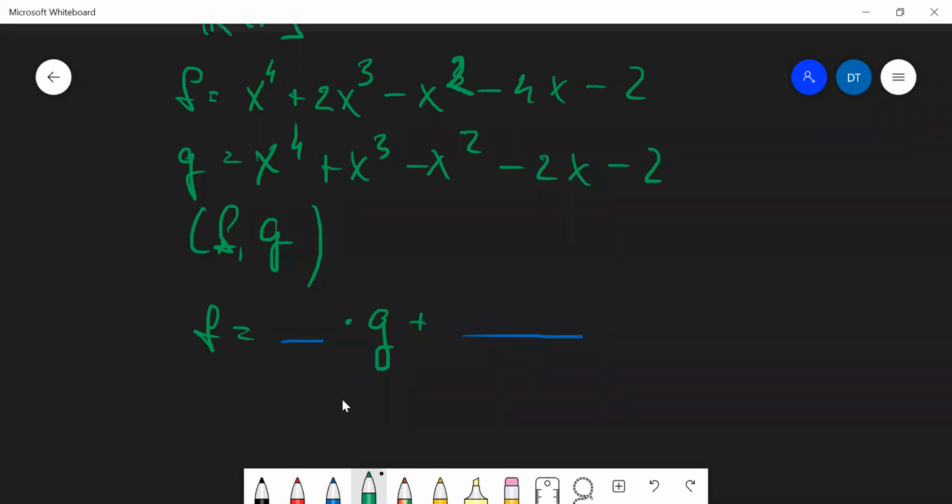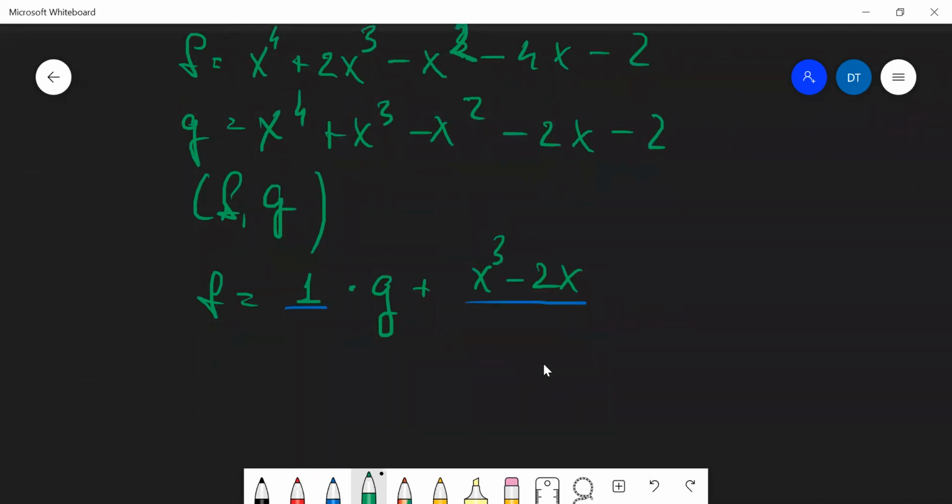Just 1. And the remainder will be x cubed minus 2x. If you subtract g from f, which means that you take q to be 1, the difference will be exactly this expression. So this is your q1, and this is your r1.